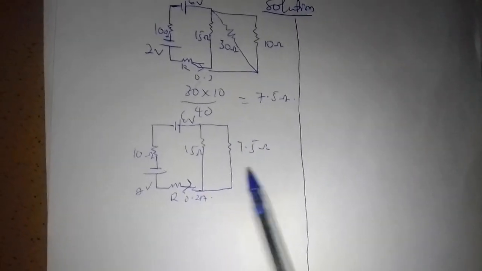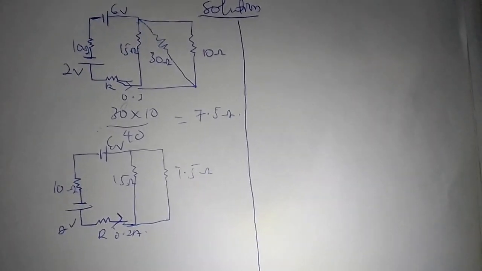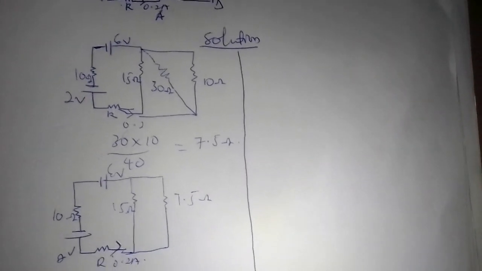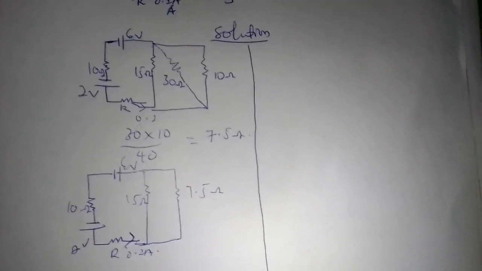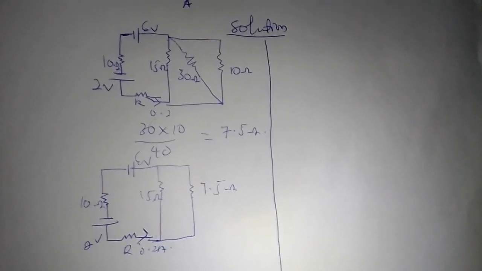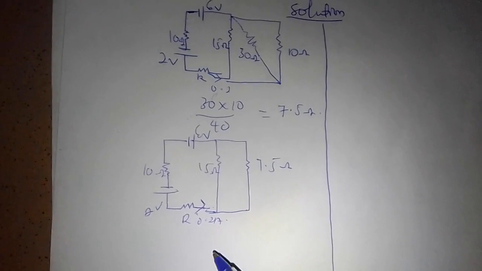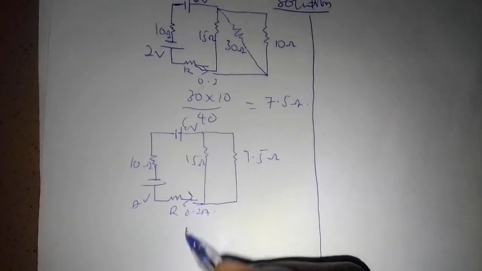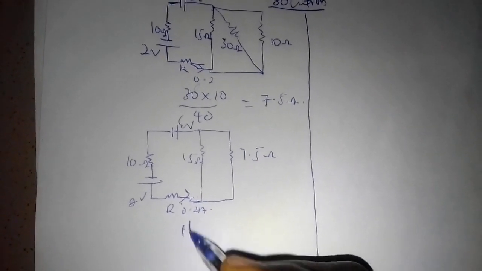At this point I can clearly see that this and this are also in parallel, and the parallel combination is going to give me 15 multiplying 7.5, all over 15 plus 7.5, and that is going to give me 5.